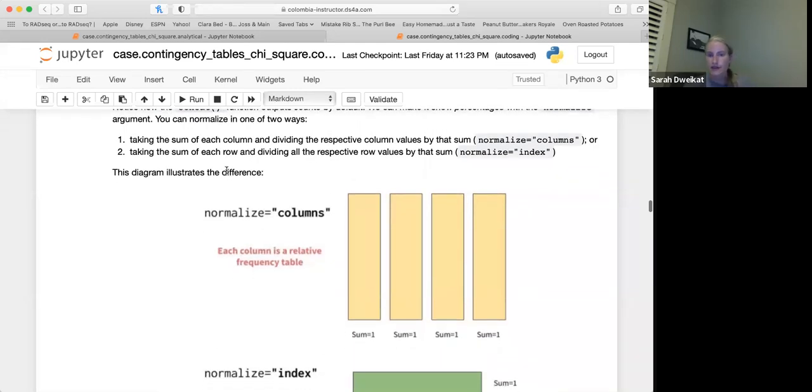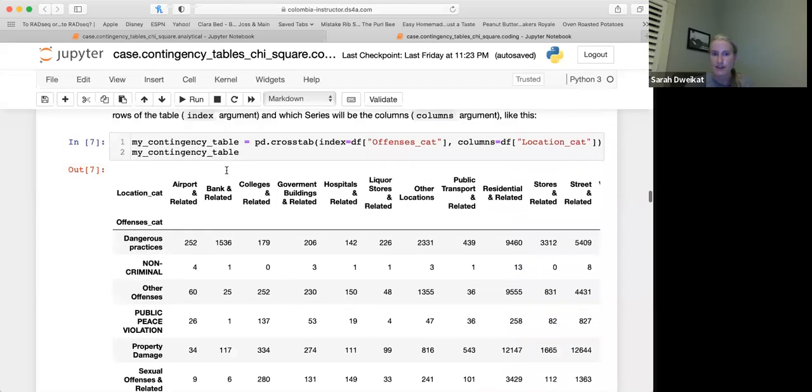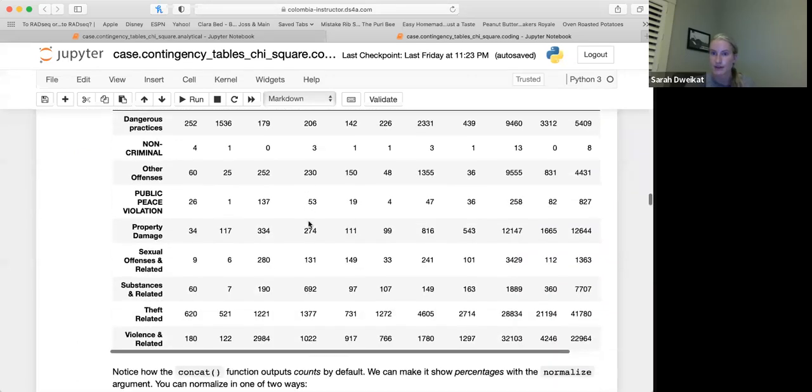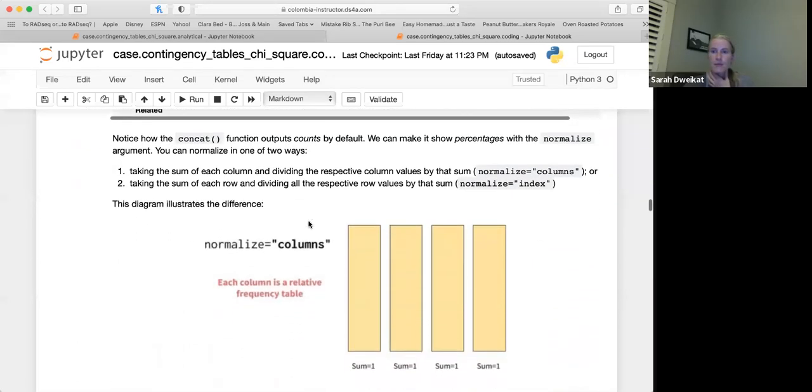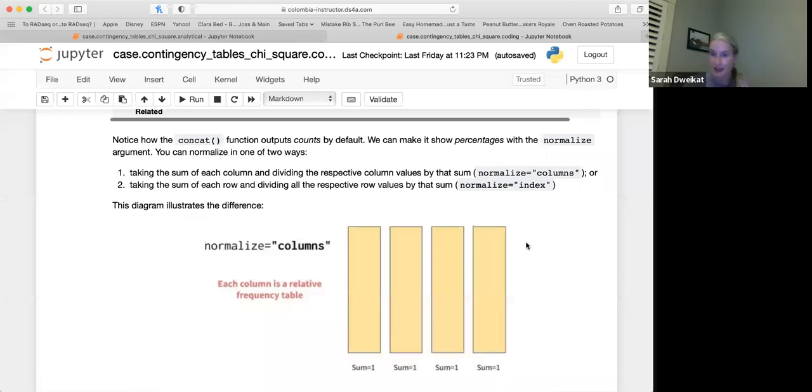So this crosstab function gives us counts by default. But if we wanted to make it into percentages, which we need to do to have our data be more clear and to do our chi-square test, we can do this normalize function.